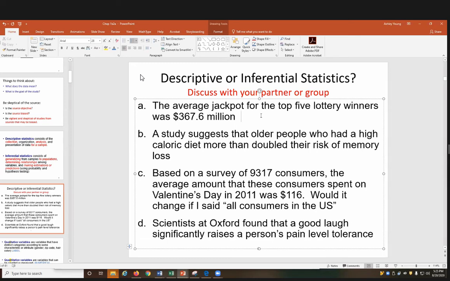Descriptive. Descriptors are facts. Great. How about the next one? Studies suggest that older people who had a high caloric diet more than double the risk. Is that a fact or is that a guess? It's a guess. So that would be inferential. That's a guess.